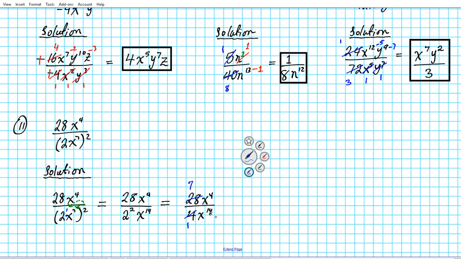The denominator dominates because it has a higher power than the numerator. So the numerator gets taken out to 1. And then you subtract its power from the denominator's power. And then your final answer, 7 times 1 in the numerator, you have 7 over, in the denominator, x to the 10th power is the answer to question number 11.